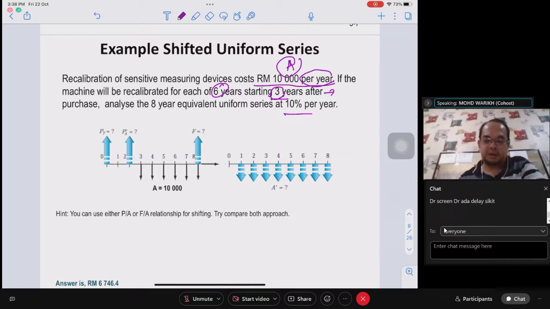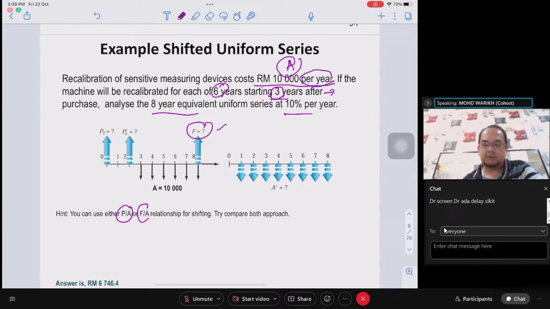Okay, cash flow diagram. So they ask to analyze the 8-year equivalent uniform series. That means they ask about the A. What is it? Okay, that means you have to do this one. So how do we do it? Actually, you can use either P/A or F/A. It's okay, no problem at all.